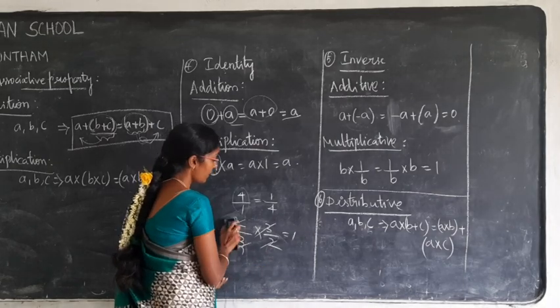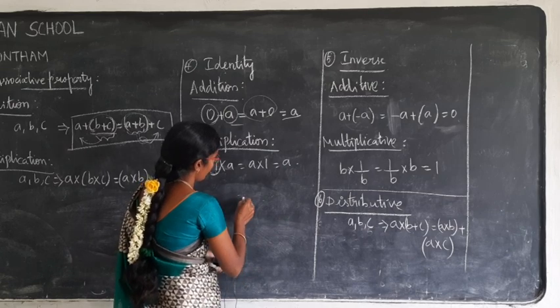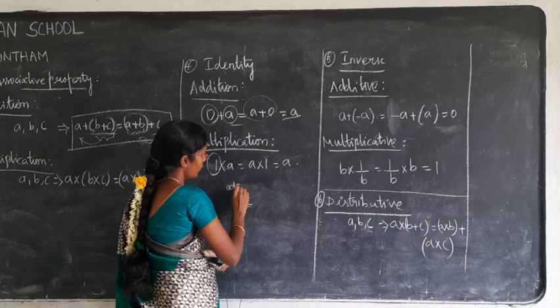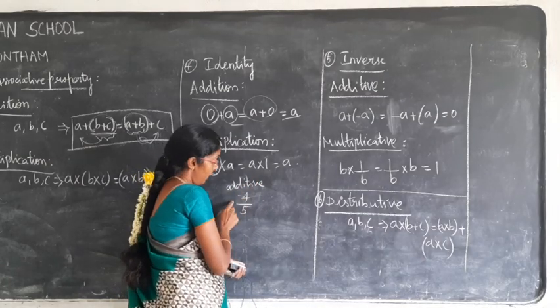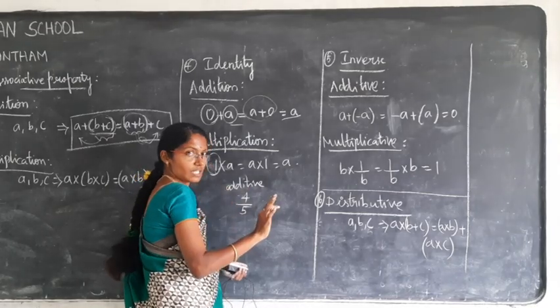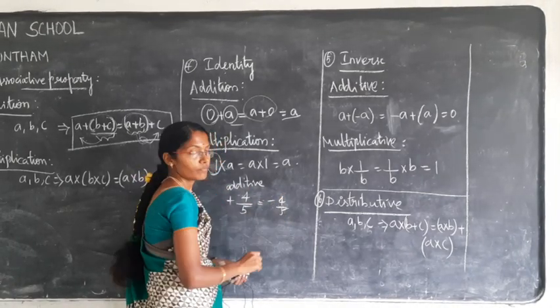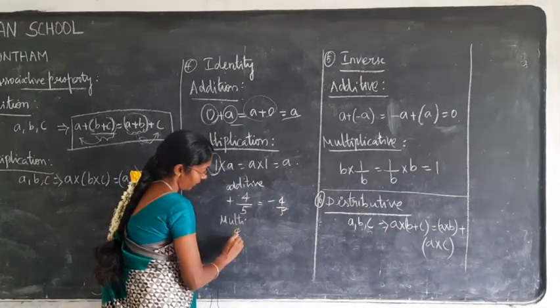So for example, see another example, 4 by 5. You have to write the additive inverse. What is the additive inverse here? Additive means you have to change the sign, that's all. Plus 4 by 5 means minus 4 by 5. Whereas you have to write the multiplicative inverse for this 4 by 5.